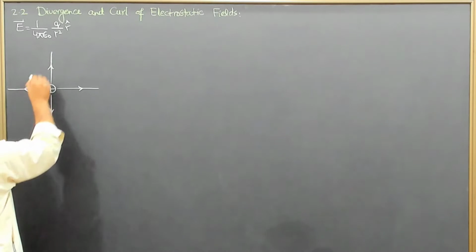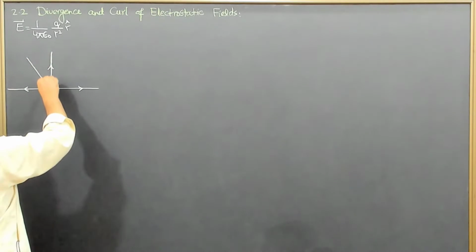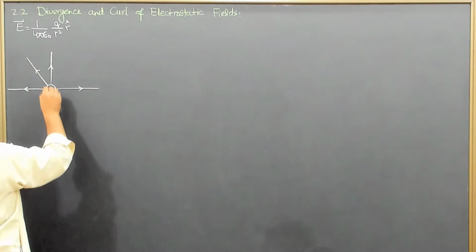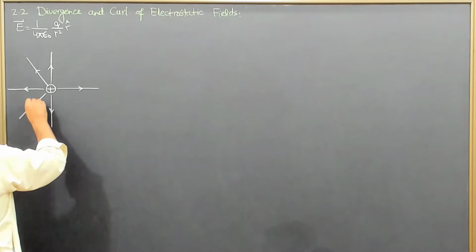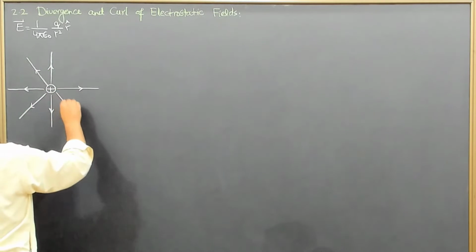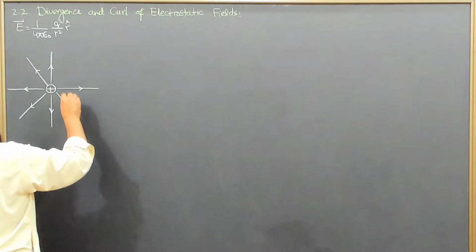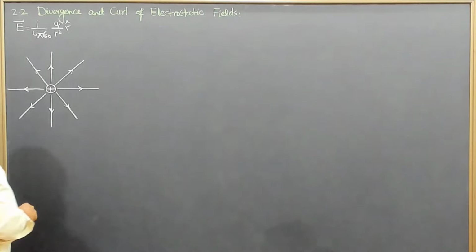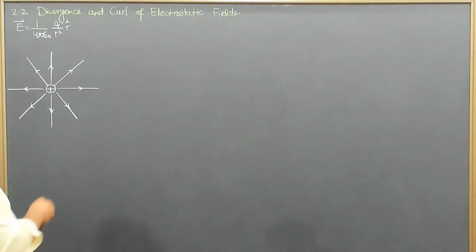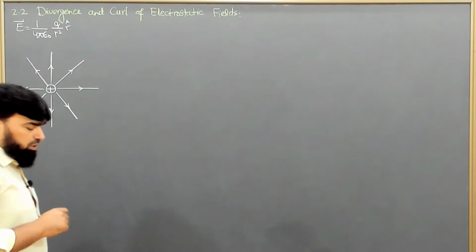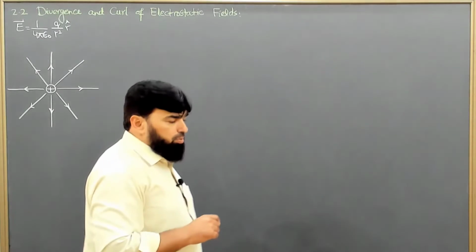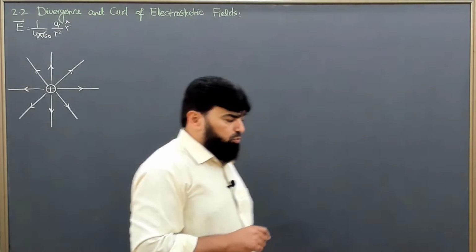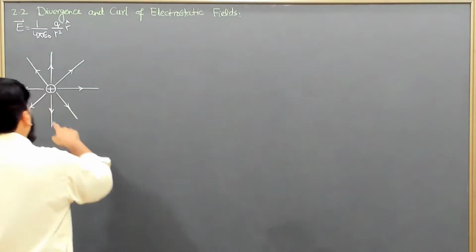Also, these lines are not finite. We draw only a few lines, while there are infinitely many such lines. These lines show the field.